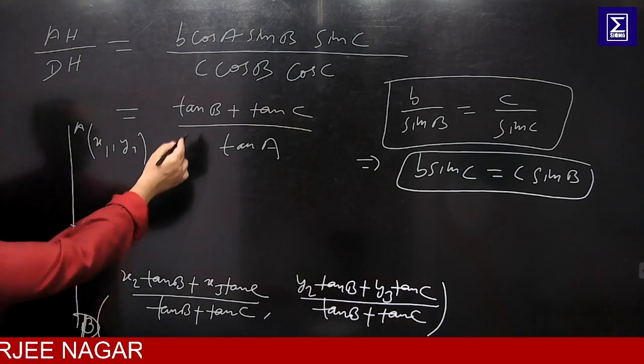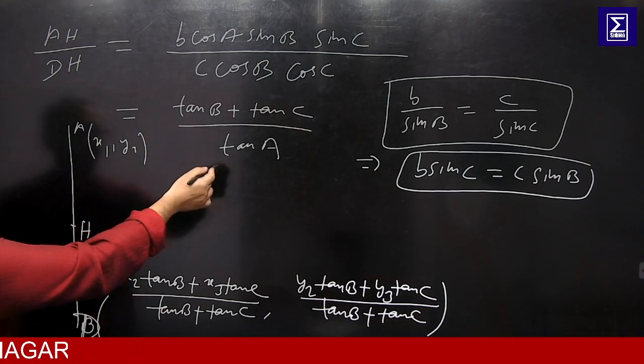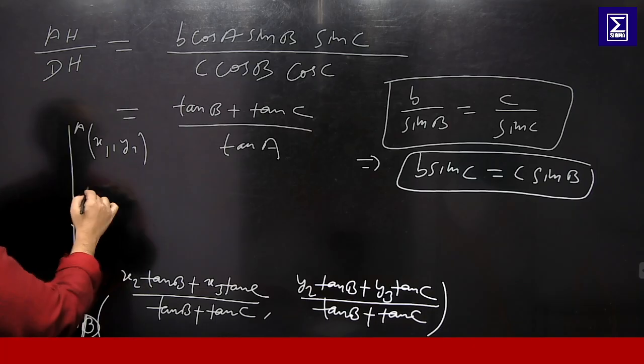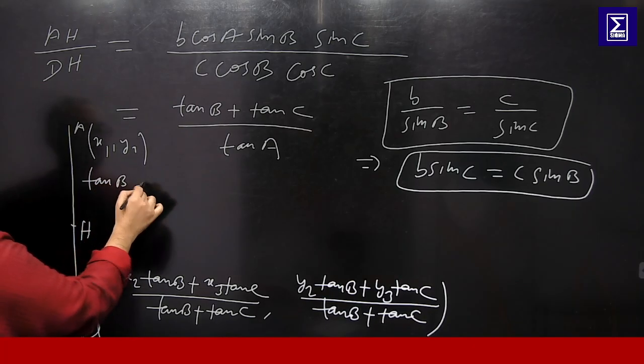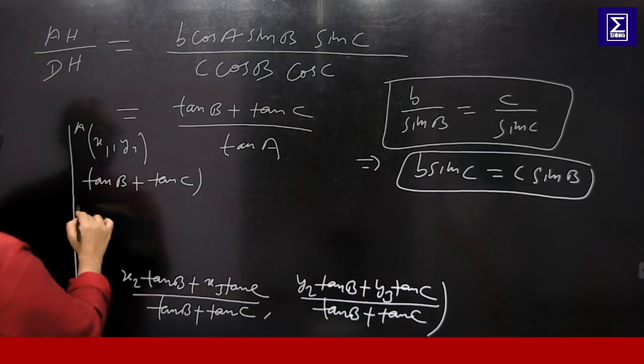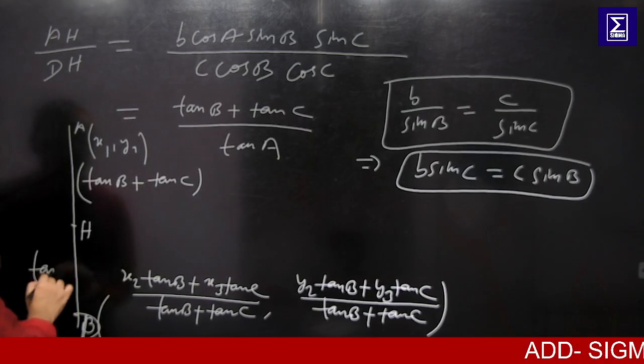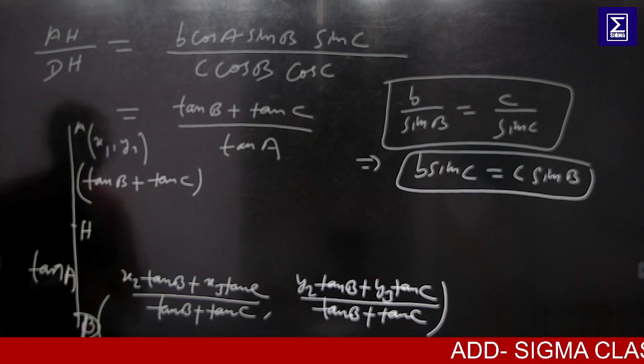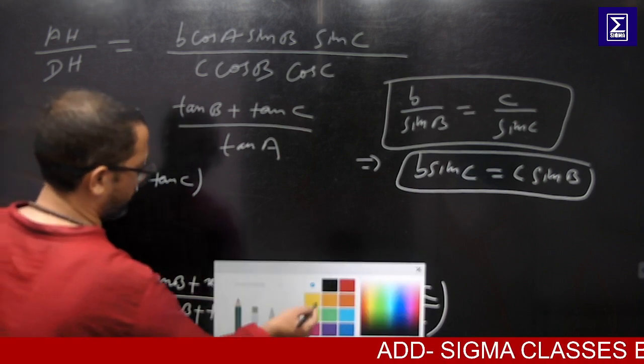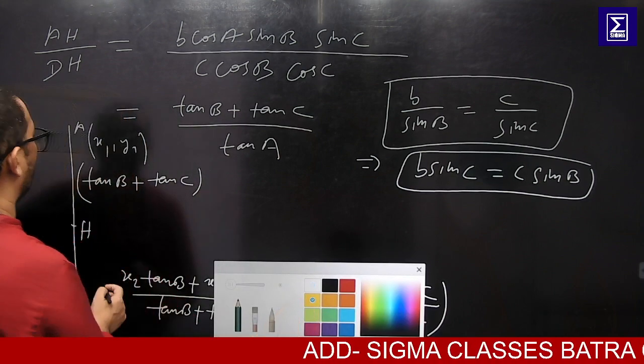What is the ratio? Tell me. AH upon DH. So AH can be written as tan B plus tan C, and DH can be written as tan A. Now multiply. What will you do here? Get the section formula.